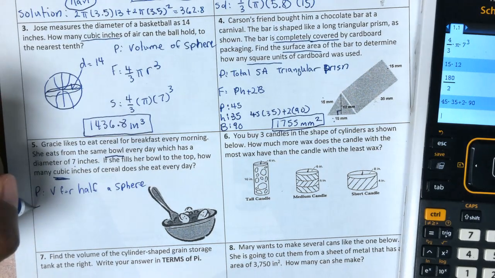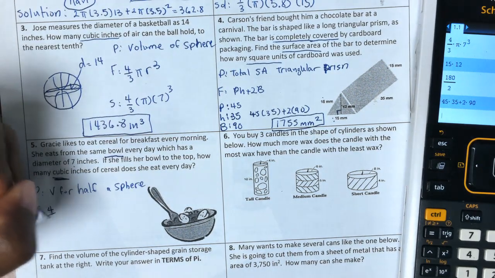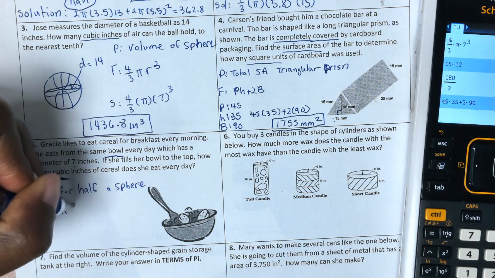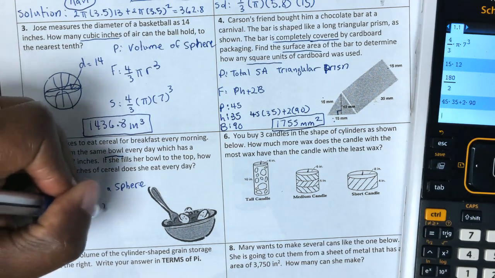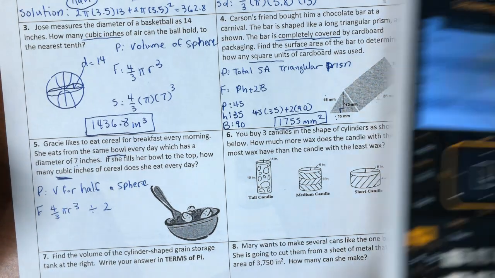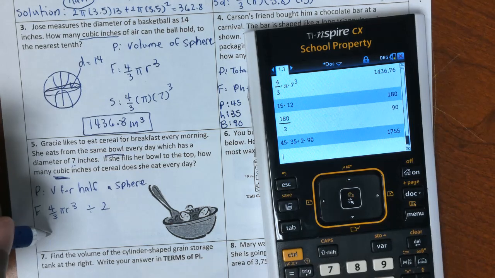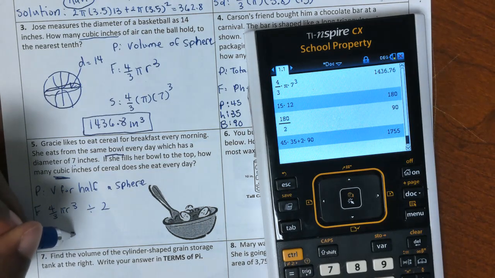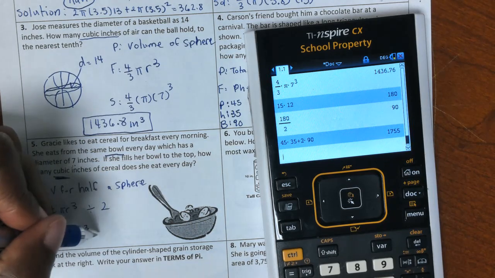which means the formula is going to be 4/3 pi r cubed, all divided by 2. Okay, our radius is going to be half of the diameter, which is 7. So that means our formula is going to be 4/3 pi times 3.5 cubed, and then we divide that by 2.